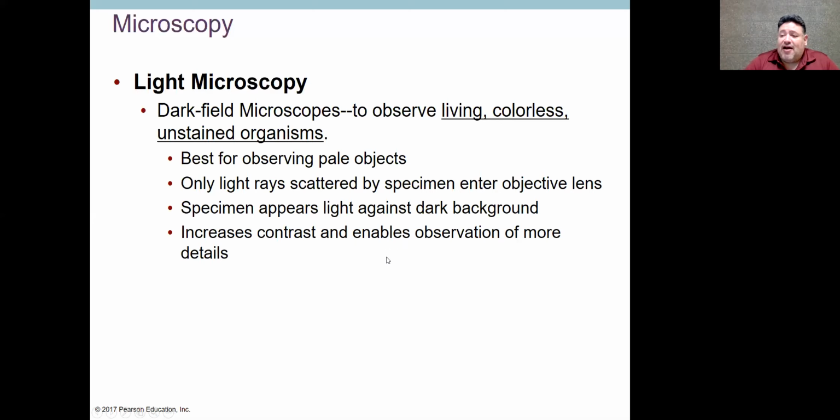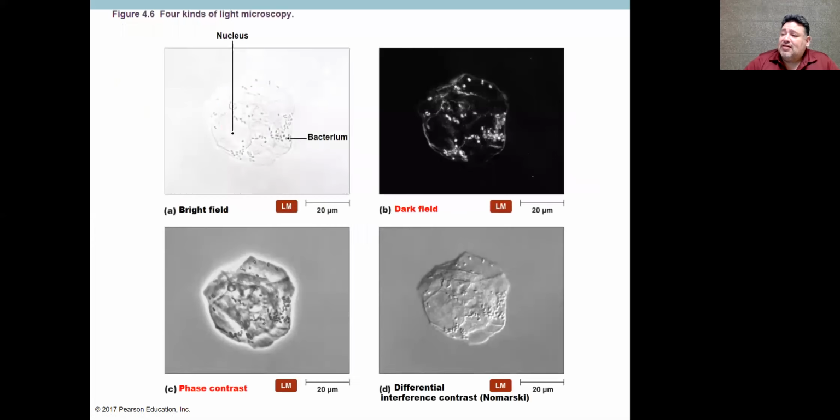They do have very high contrast, and you're able to resolve a lot of things. But this is what it would look like, this upper right-hand corner one. Okay. So again, here's your bright field, where only stained organisms could be seen. Here's a dark field. It doesn't need to be stained. These could be things that are alive that you can see in here.